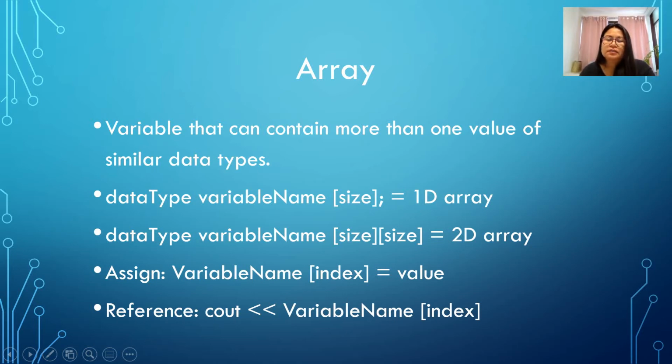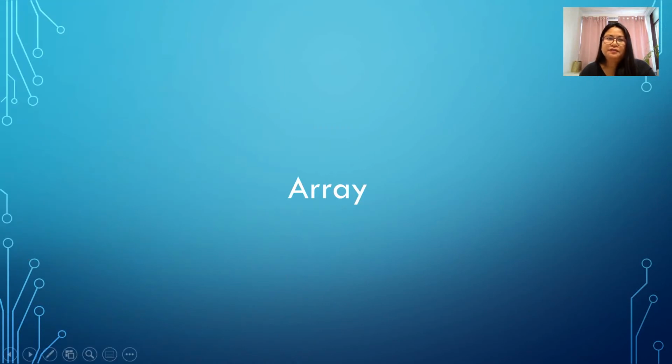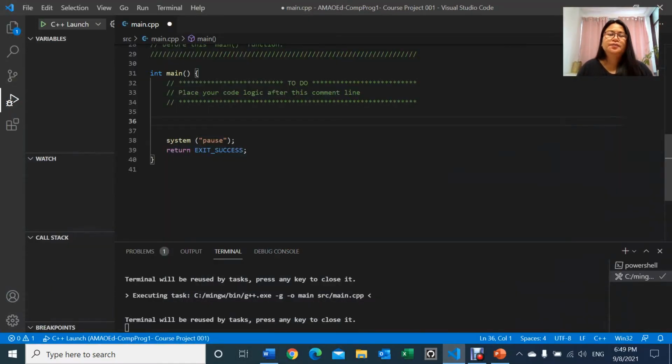In this topic, I will be using a form of array to form a triangle to show you how an array is used in a program. So here we are still in the array discussion.